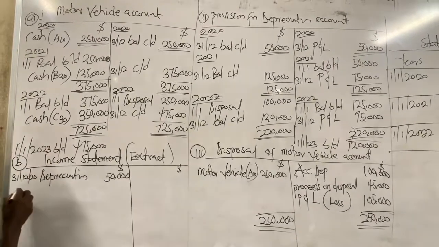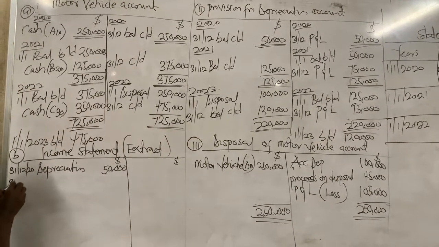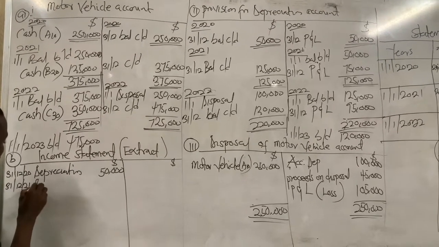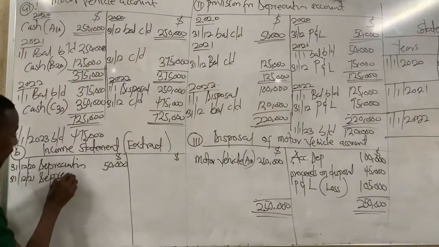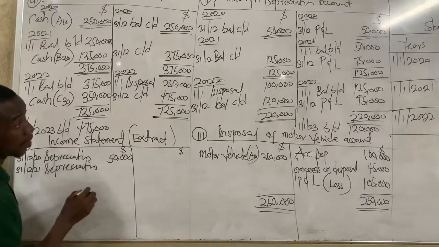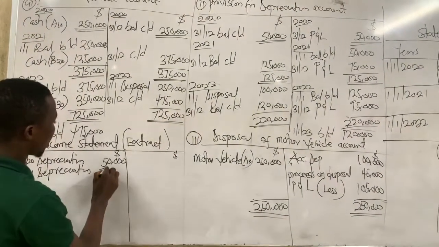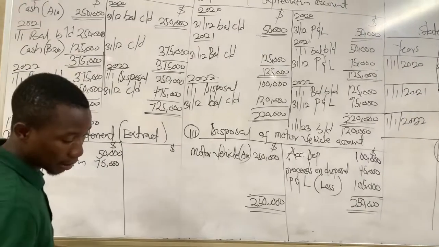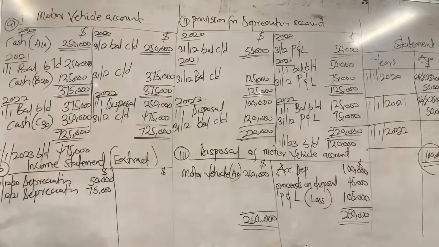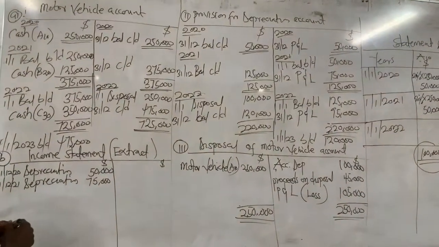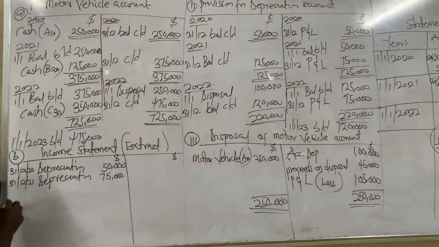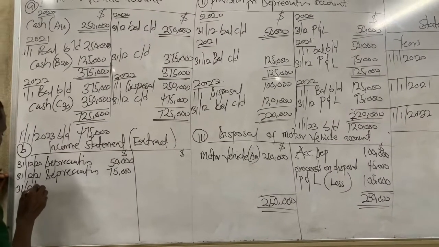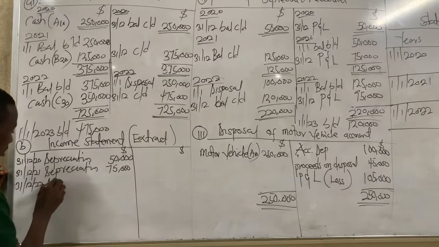And we move to the next year, 31st December 2021, another depreciation, and the amount is 75,000. From there, we consider the next year, 2022, another depreciation.